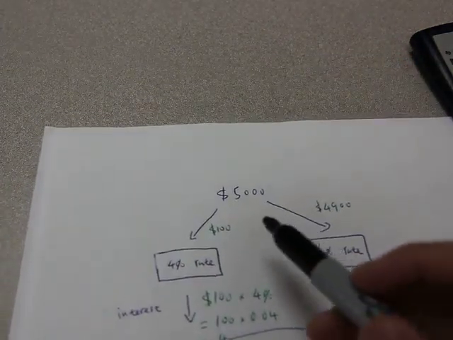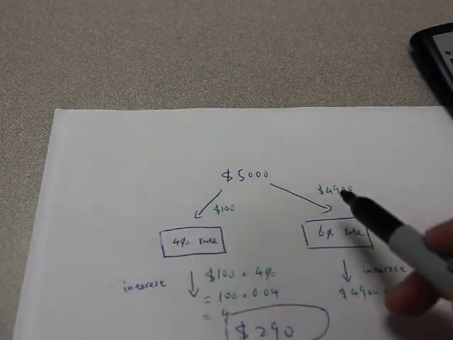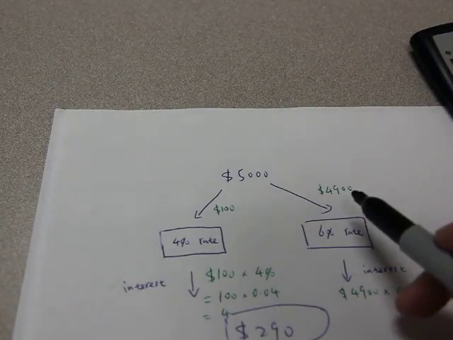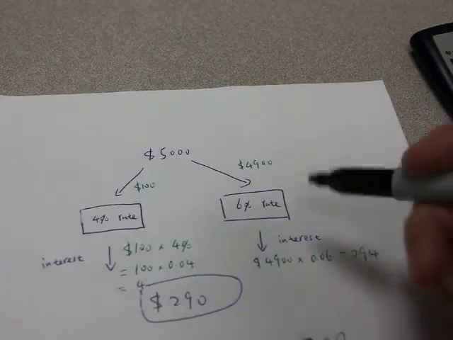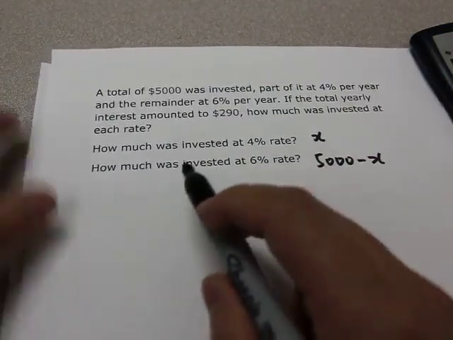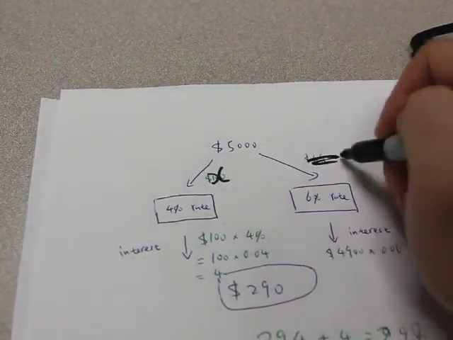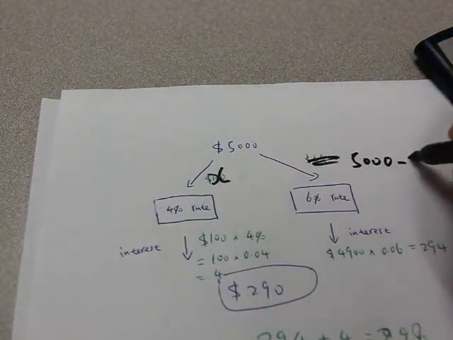Just like here, if you invest 100 in this account, you must invest 4,900 into this account, and vice versa. And so now let's change this into X and change this into 5,000 minus X.